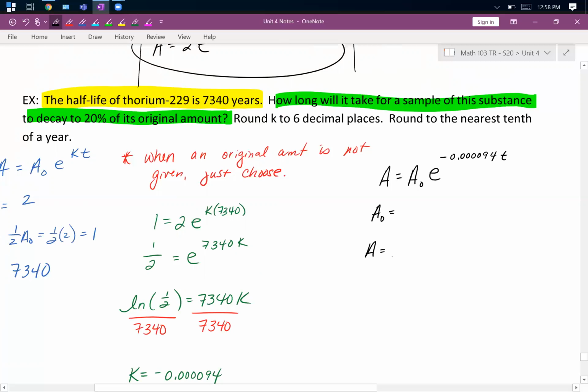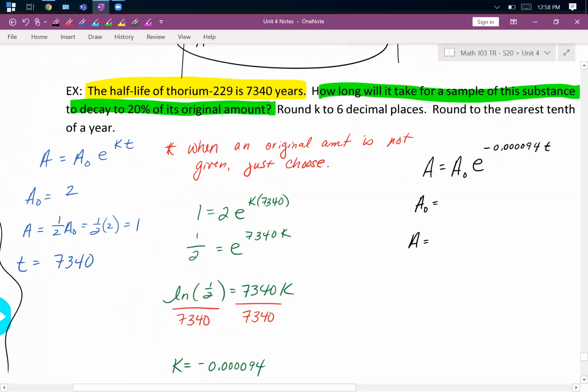Do they give us a specific A? No, they still haven't given us an A or an a sub 0, so we're just going to choose a sub 0 to be whatever we like. You can choose the same a sub 0. Usually when I have the choice of choosing a sub 0, I always choose 1. I'll show you why. We'll choose 1 this time.